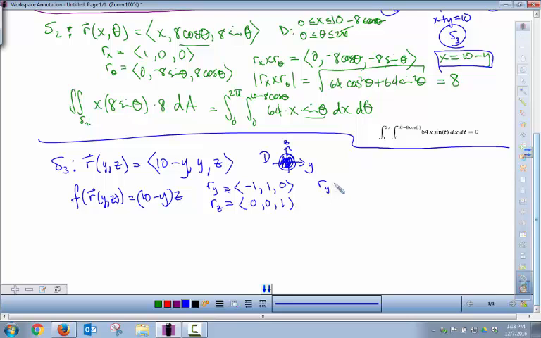So r_y cross r_z is going to be the cross product: 1 minus 0, negative 1, and then 0.